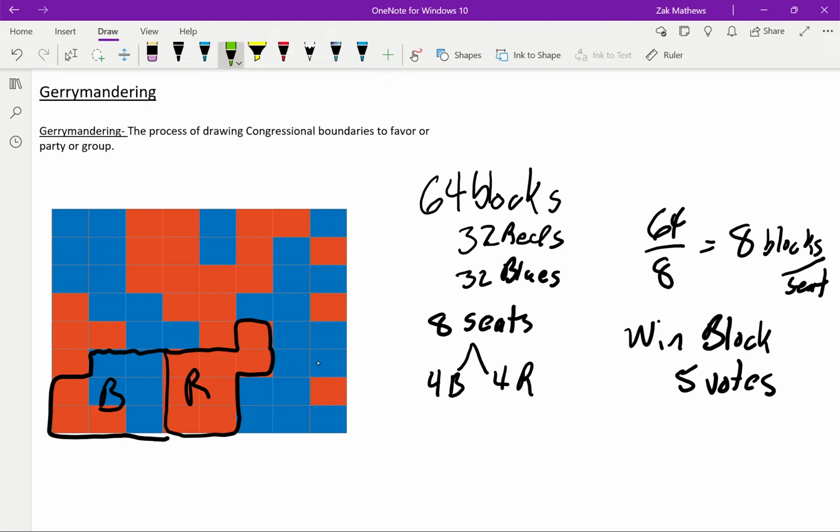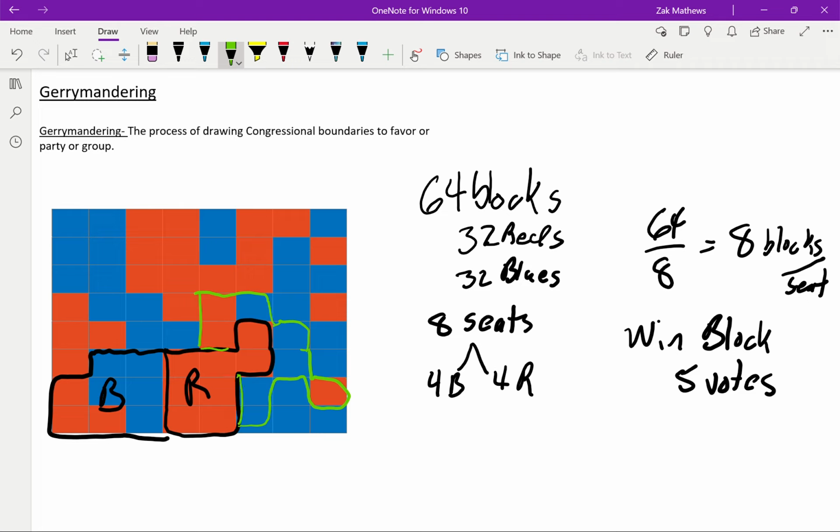So let's try this one more time. I can't break them off. Let's do this slightly differently. 1, 2, include this one. 3, 4, 5, 1, 2. All right, so I've just created this green district.